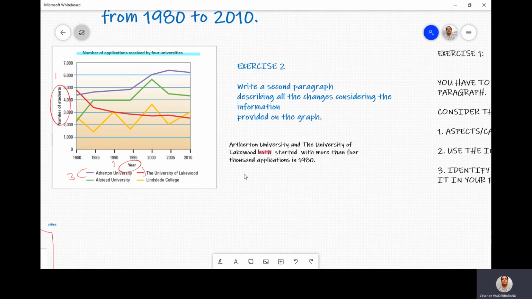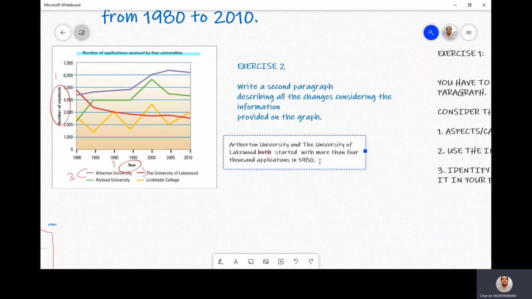You see what I mean? We can say Atherton University and the University of Lakewood both started with more than 4,000 applications in 1980.